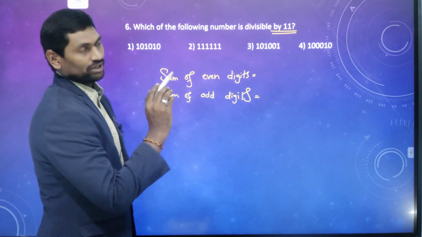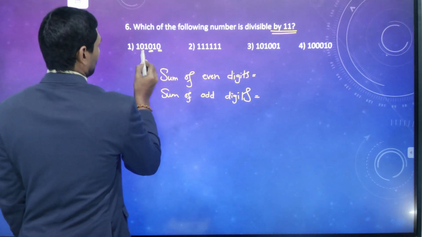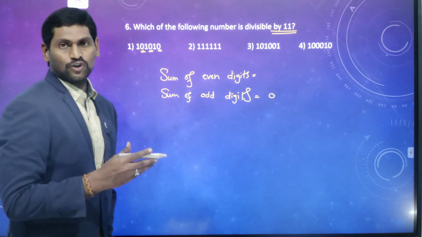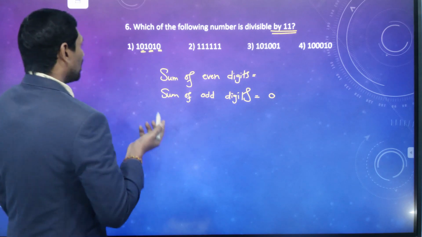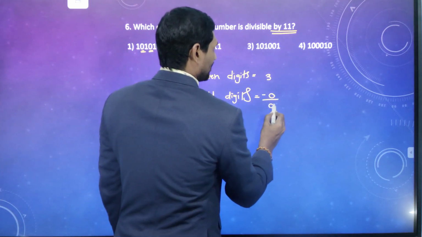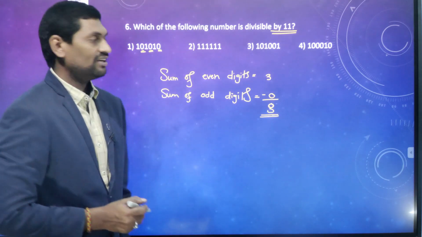I go through the options one by one here. So odd places 0, 0, 0: first place, third place, fifth place. The sum of odd places is 0 itself. Now even places: 1 plus 1 plus 1 is 3. So 3 minus 0 is 3, which is not exactly divisible by 11.